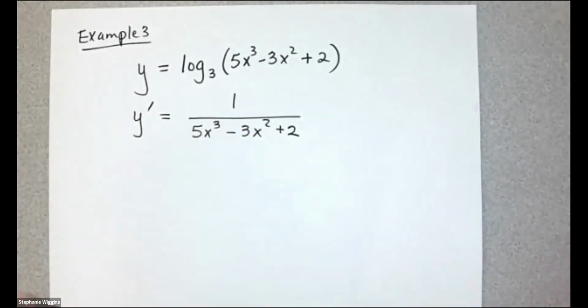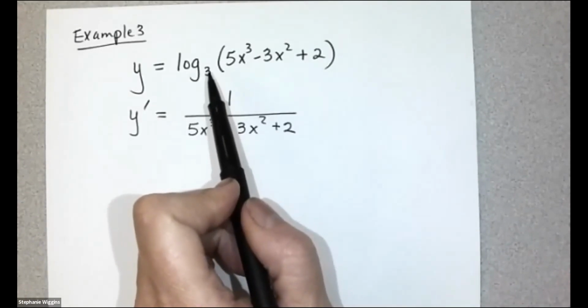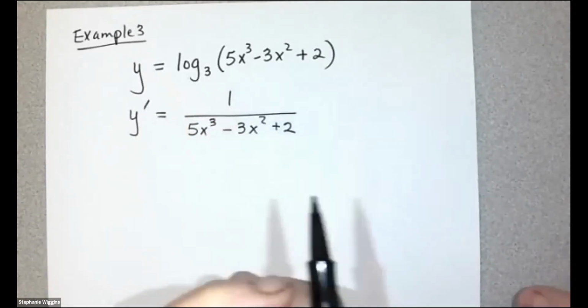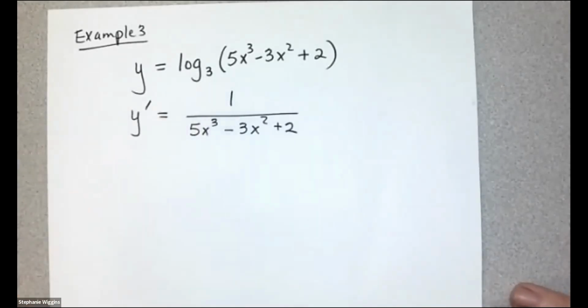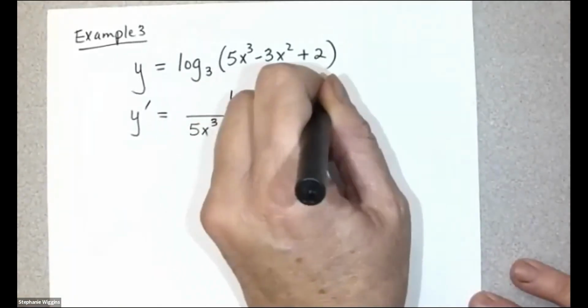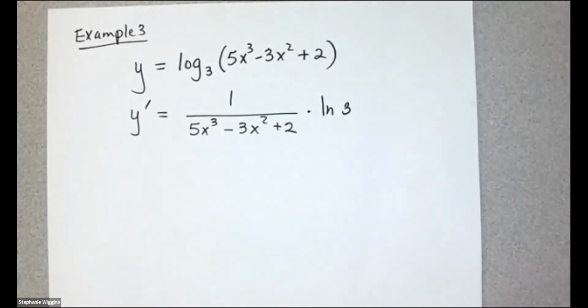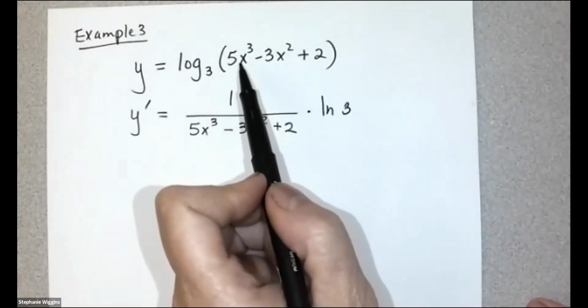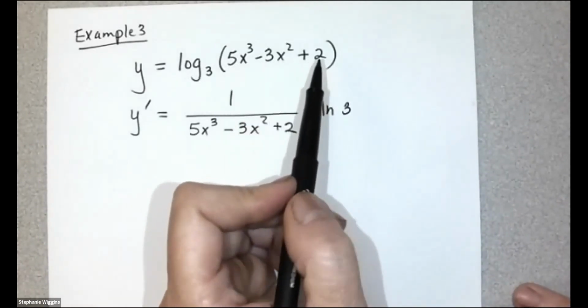Then you say to yourself, my base is 3. Since that's not equal to e, in other words, I don't have the natural log here. I have log of base 3. Then I have to multiply by the constant ln of 3. And then finally, because my input is not plain old x, I have to take the derivative of this inside function here.